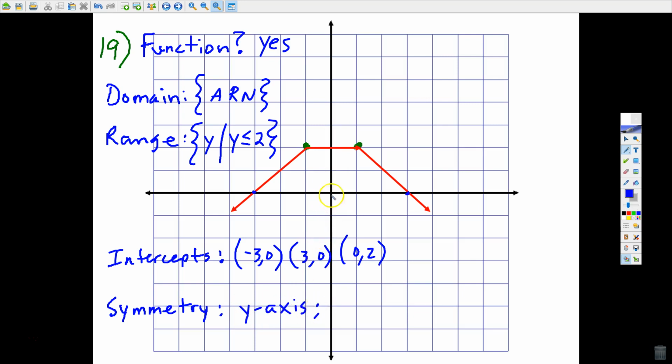And once again, if we have origin symmetry, then I should be able to take points like the point 1, 2, and that's on the graph. And if I had origin symmetry, then the point negative 1, negative 2 should also be on the graph, which it is not. So I only have y-axis symmetry in this case.